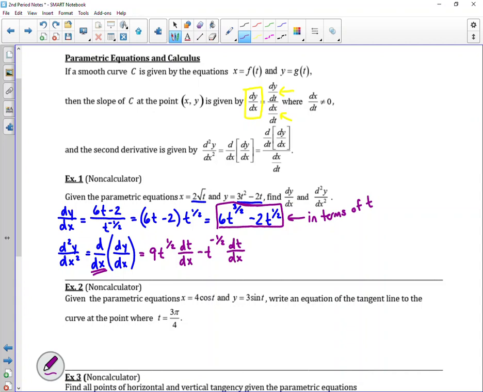Some people, since it's in terms of t, just like taking the derivative and then multiplying it by dt dx, because you can factor out the dt dx. So if you can remember to do that, then you can do it that way.